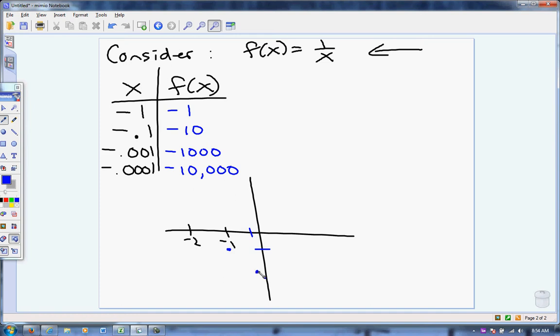Then as we got closer, I went to negative 1,000. I'm obviously not going to have room, but this thing just takes off in the negative direction, like that. As we get really close to 0, the function values just bottom out.